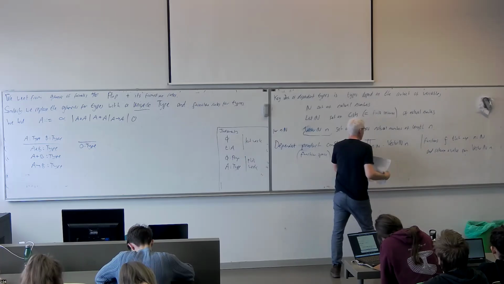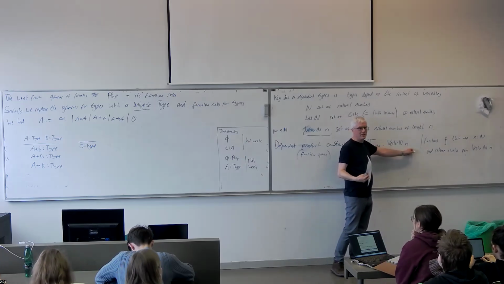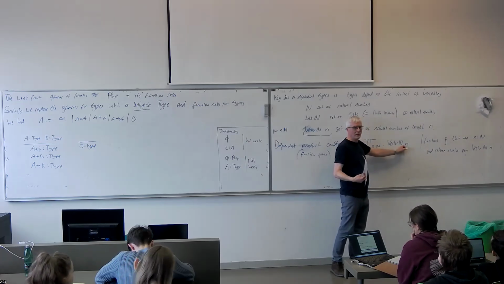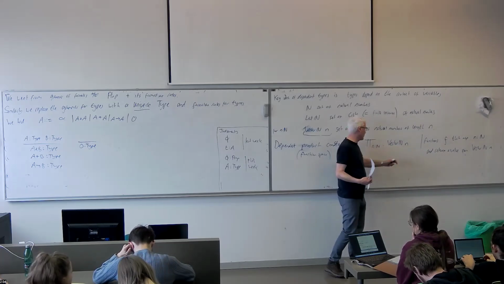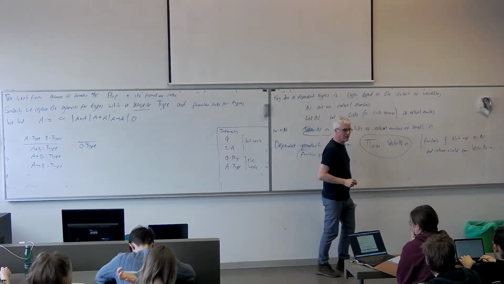So if I give it 0, it will return a 0 element vector, which is necessarily the empty vector. If I give it 1, it will return an element of length 1. If I give it 2, it will return an element of length 2, this kind of thing. And this dependent product is the set of all such functions.